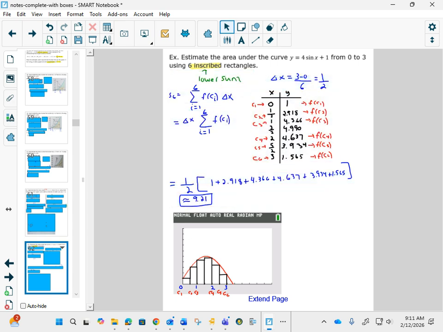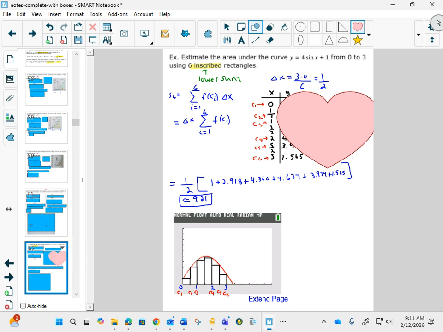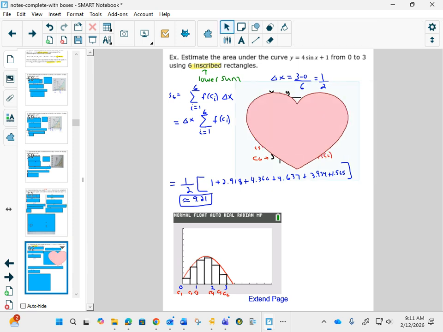Oh my goodness. What do I want you to not write down? I'm going to start just because, like, there we go. I know you could plug that into your calculator and figure it out. Is it helpful to write random numbers down in your notes? I don't think so. So we're going to put a big heart there.